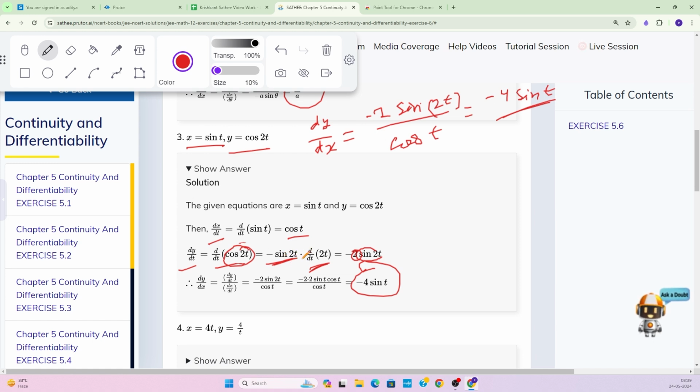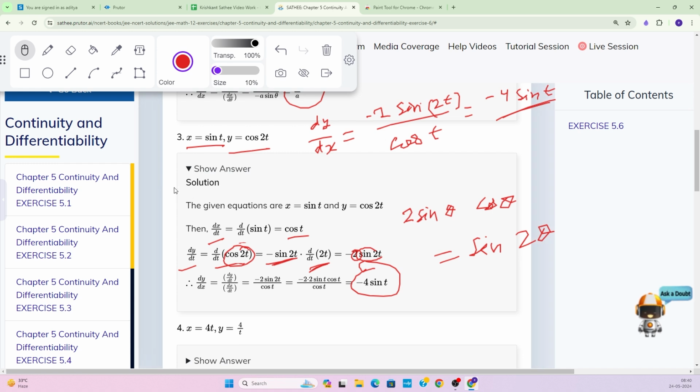Multiplying them, you will get minus 2 sin 2t. Now just divide dy by dt by dx by dt and you will get your final answer. What we have used is 2 sin theta cos theta is equal to sin 2 theta.